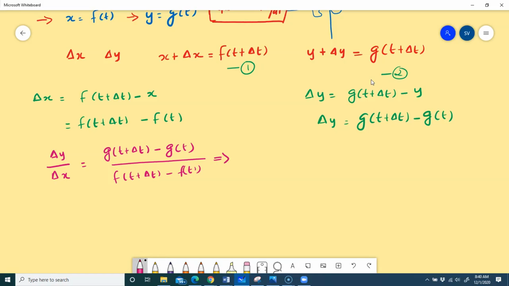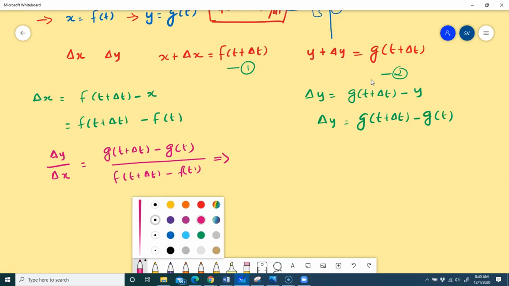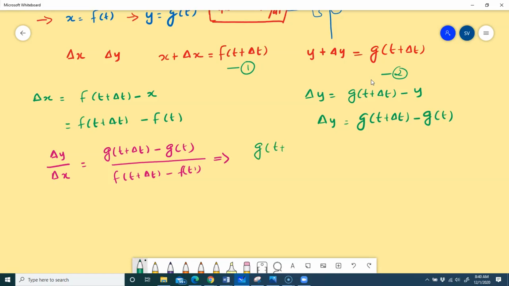So what will happen? Then it will be g of t plus delta t minus g of t over delta t, divided by f of t plus delta t minus f of t over delta t. I just wrote that statement in a line.